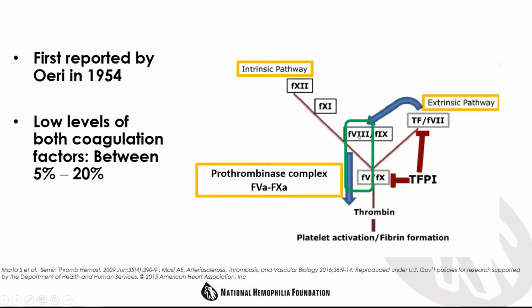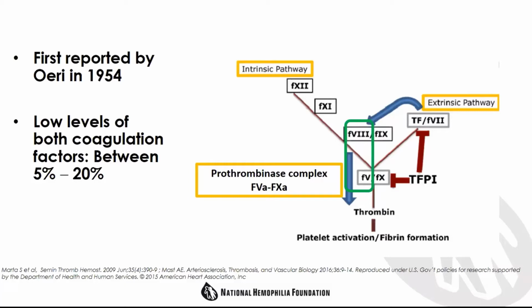Similarly, factor VIII also combines along with factor IX, and both of these factors in the activated form help to activate factor X, which forms an important complex with factor V called the prothrombinase complex, which again finally helps in the generation of thrombin. Hence, deficiency of factor VIII along with factor V results in causing a blood disorder.